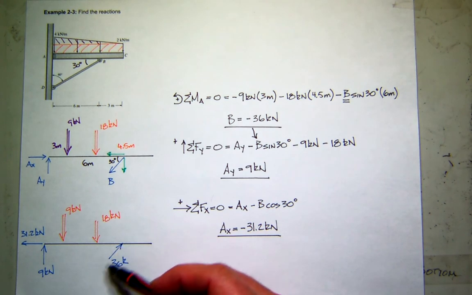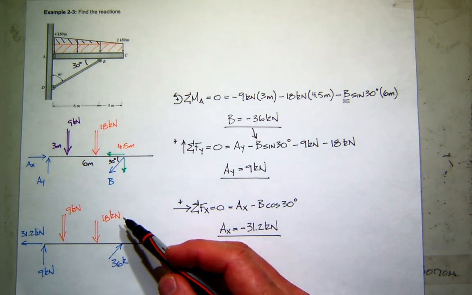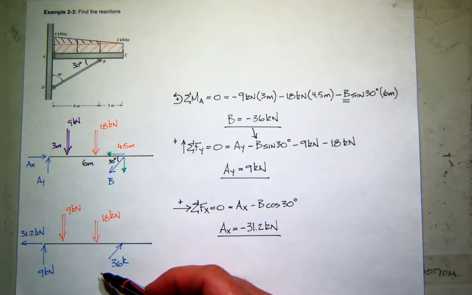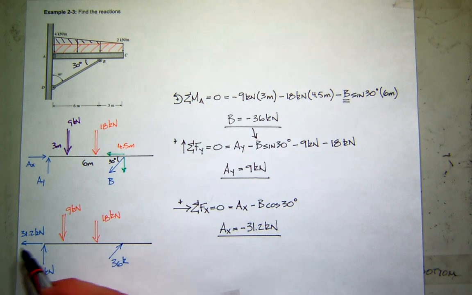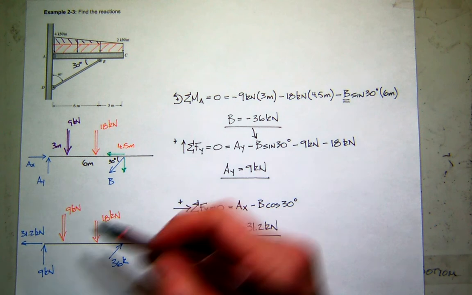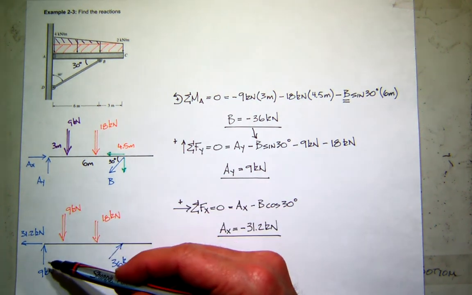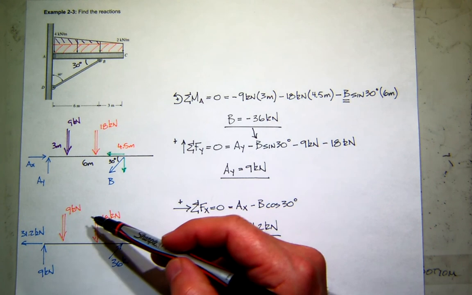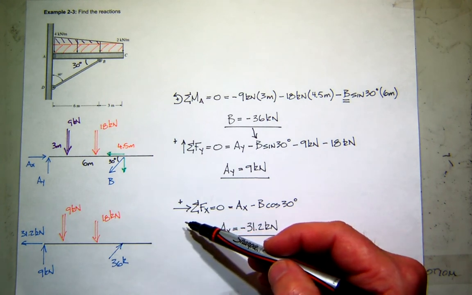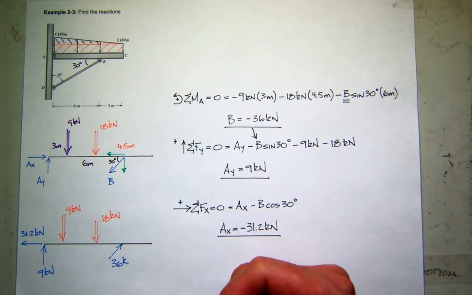So BY pushes up, counterclockwise. Since B is pushing up and slightly to the right, that's why your reaction has to pull back to the left. Depending on the magnitude of these, this could have been negative if these forces had moved out a little farther, but it's okay. That's correct.